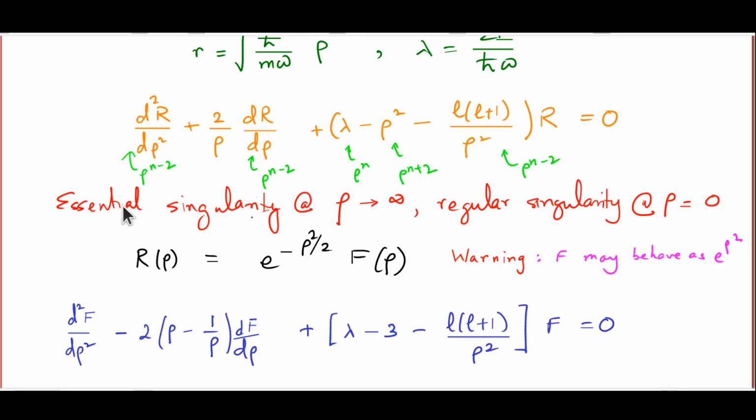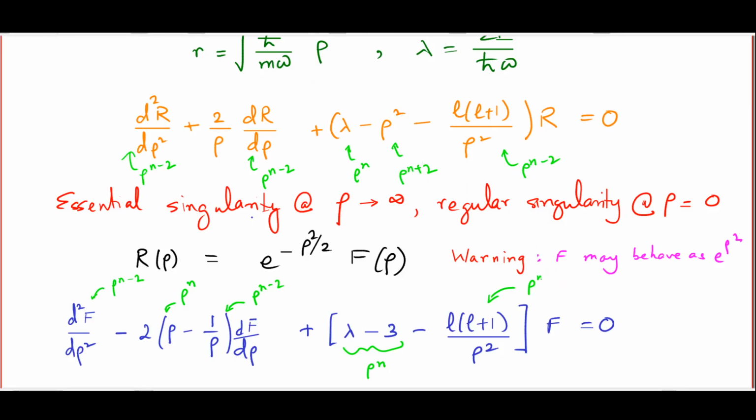What about the other equation, the equation for capital F? This would give you rho to the n minus 2. This one will give you rho to the n. This one will give you rho to the n minus 2. These two together will give you rho to the n. This one will give you rho to the n minus 2. So there are only two powers of rho that show up here.